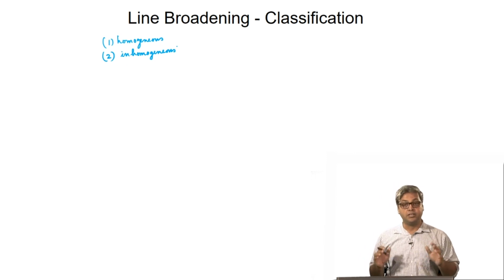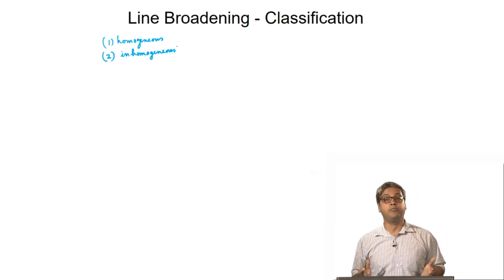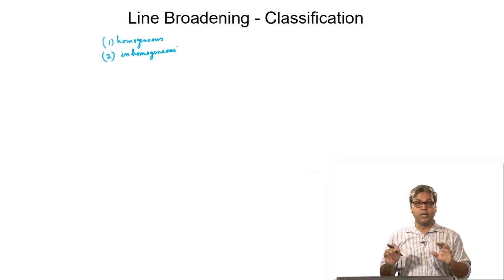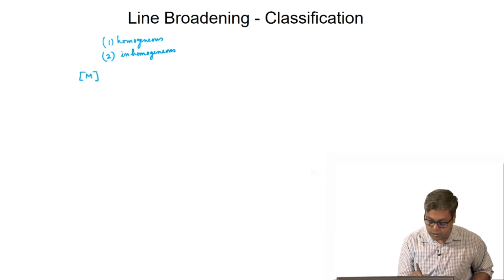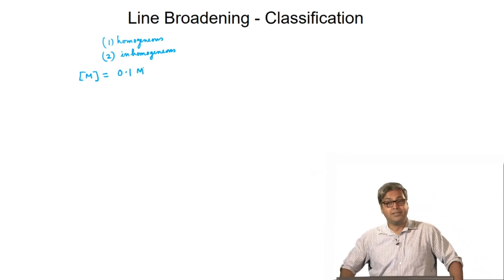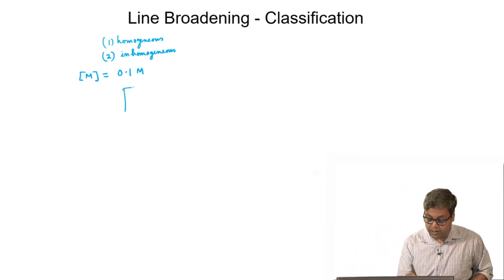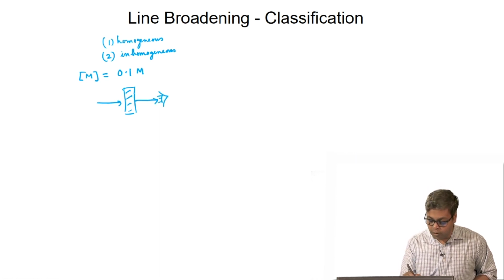Here, we should understand that we have an ensemble of molecules in the sample solution on which we shine light during the spectroscopy experiment. So, let us say we have made a sample solution of concentration equal to 0.1 molar, and let us say the volume of the container, which is placed in the direction of light so that the light passes through the container and goes to the detector, is 1 milliliter.